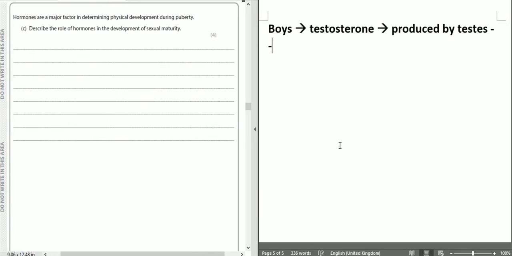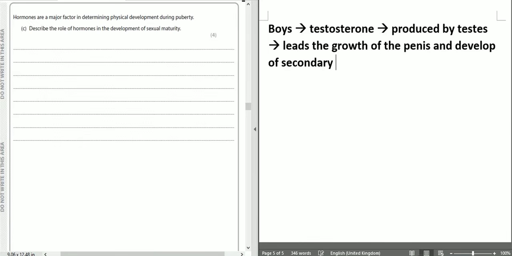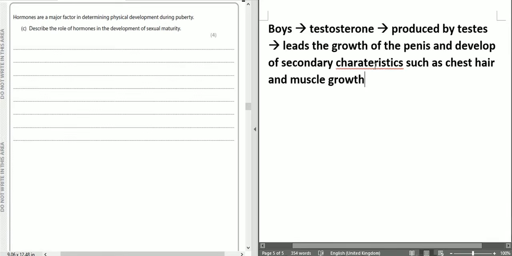And testosterone, as the hormone, leads to the growth of the penis and development of secondary characteristics such as chest hair and muscle growth. So again, we're thinking about physical development.